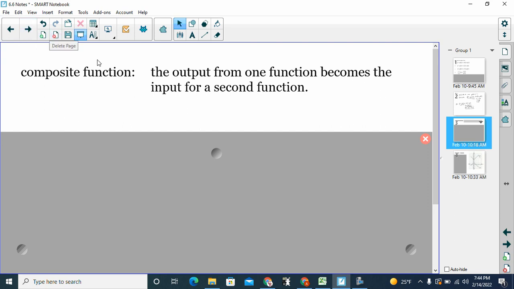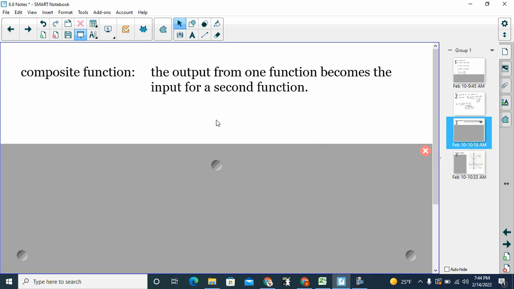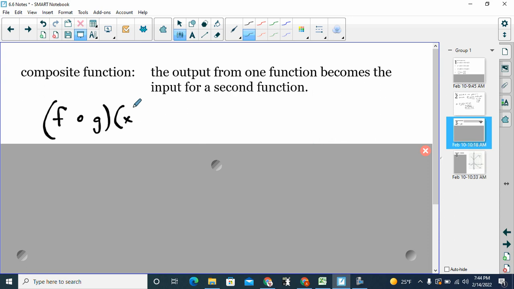The notation that we use for function composition is again written two different ways. The first way is we have f, and we use a little open circle there, g(x). This is read "f of g of x."